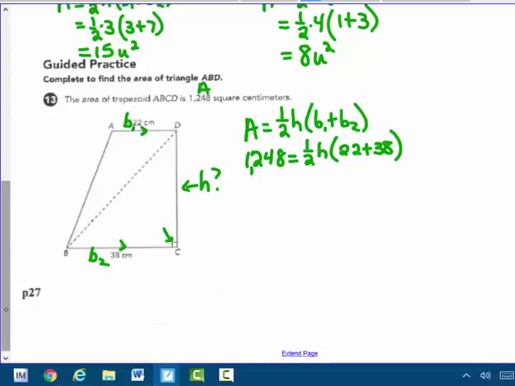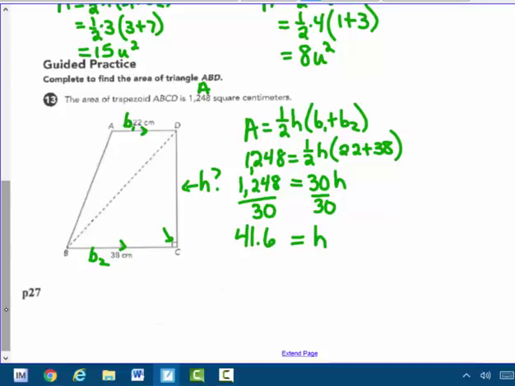So half of 60 is 30. 30 times some number has to equal 1,248. And I would divide by 30 on both sides. That's not going to be a nice answer. That's not going to go in equally. 41 and 6/10.